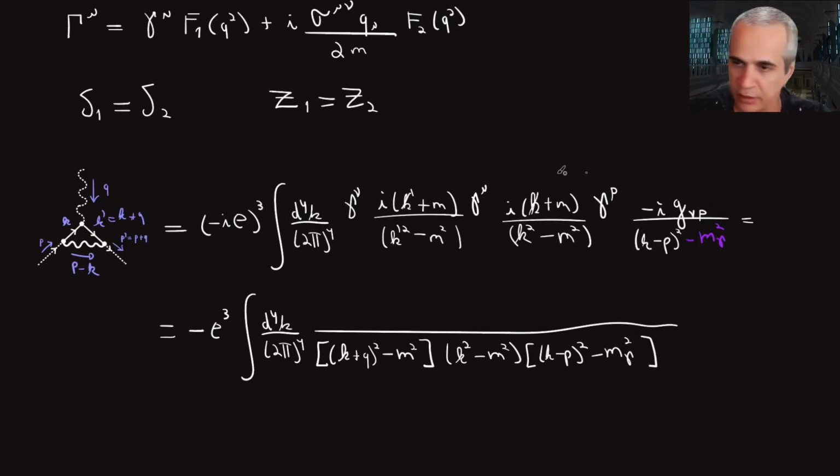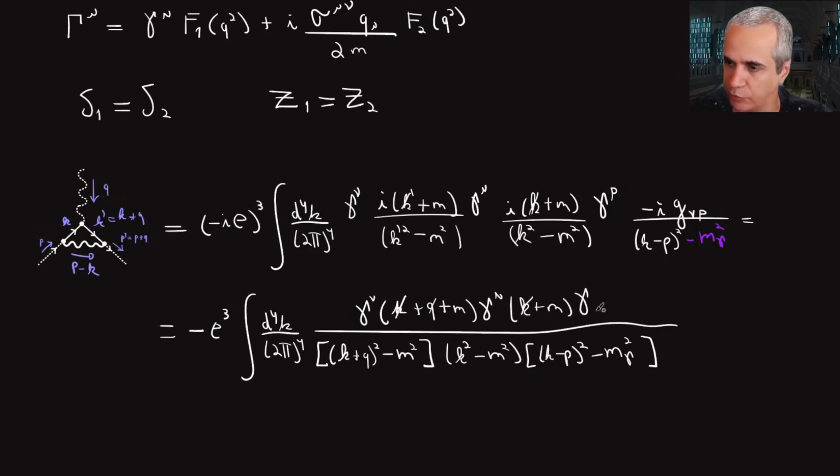And the numerator is just these products of gamma matrices. Again, I'm writing k prime explicitly: q slash plus m, this one gamma mu, this guy k slash plus m, and then this one, which I can contract with g nu rho here to get a nu right here.